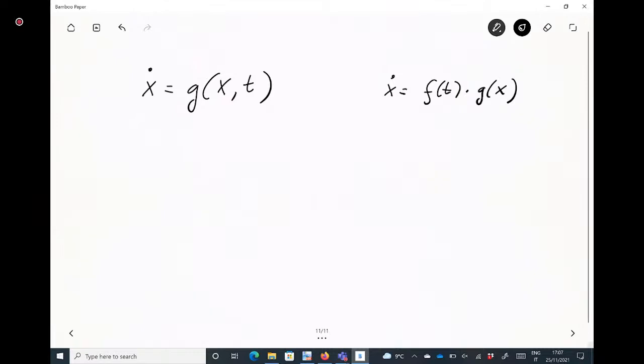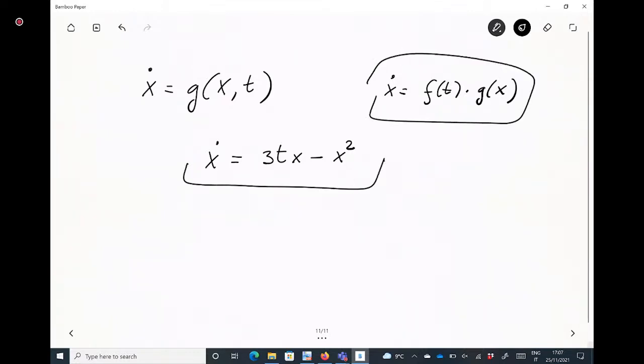Okay? For instance, x dot equal to 3tx minus x squared. Is this a separable equation? Can you reduce this one to something in which you have the product of two factors? One depends only on t, and one depends only on x?